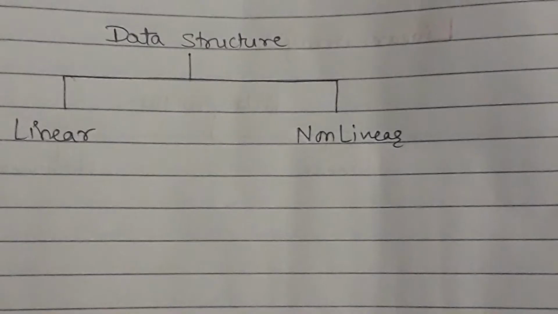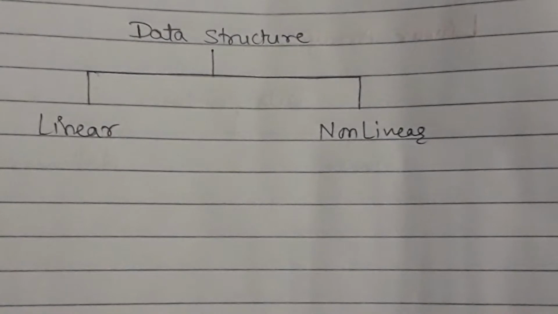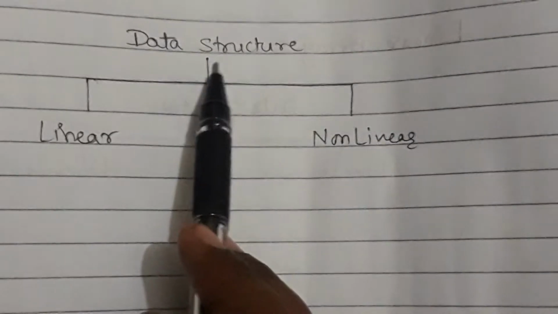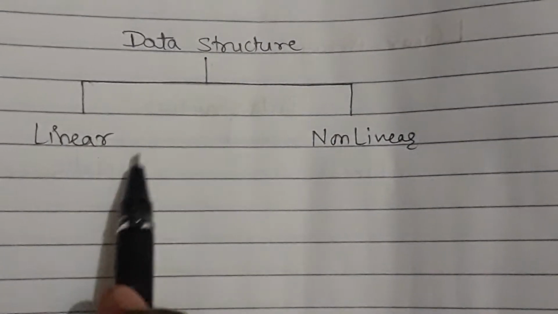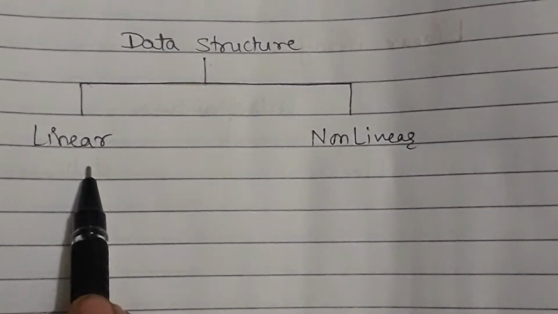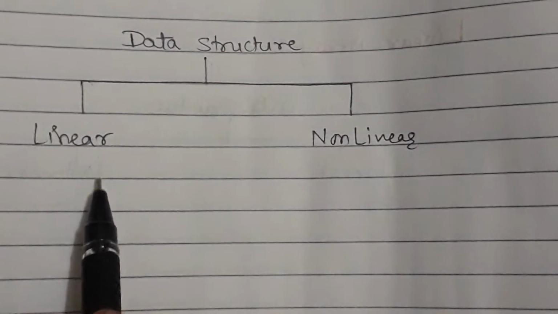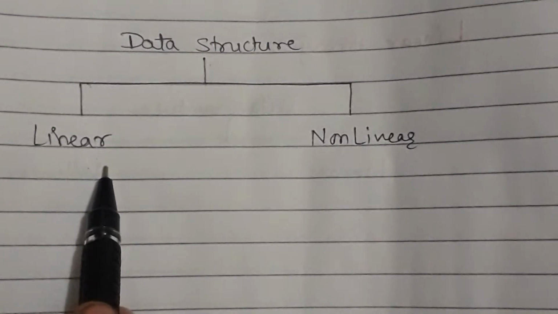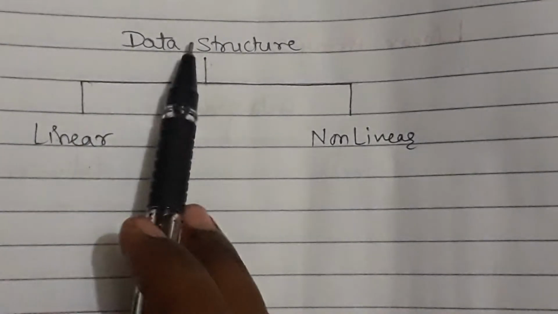Data structures are classified as either linear data structures or non-linear data structures. A data structure is said to be a linear data structure if its elements form a sequence, or in other words, the elements form a linear list.